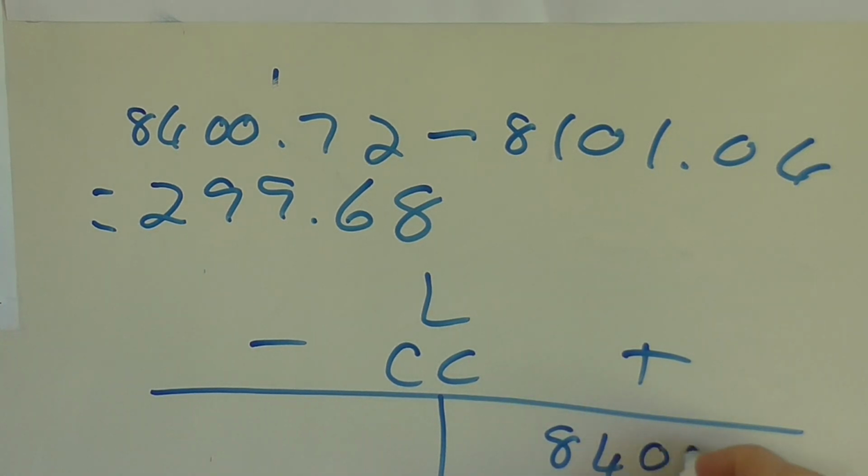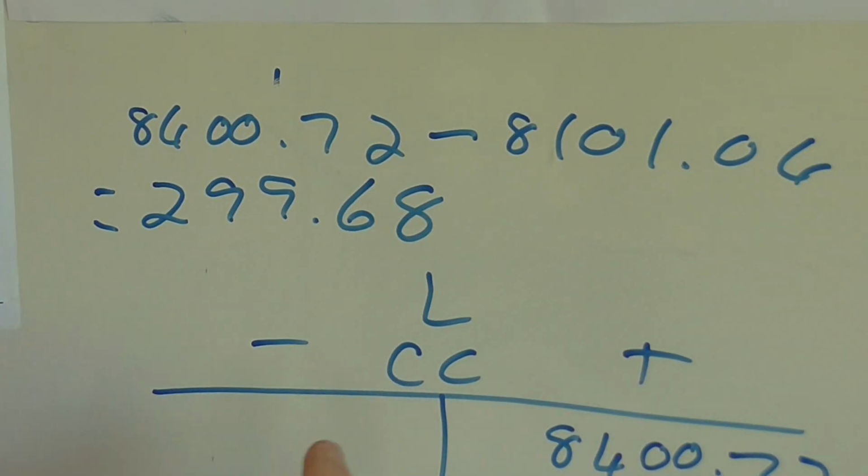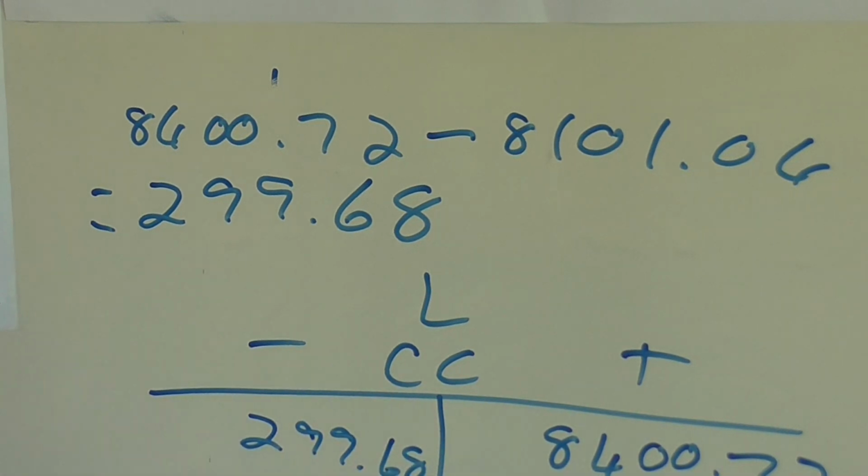So let's just do this. So it's 8400.72. Now because we need to decrease it, it will go onto the debit side of 299.68. Yeah, 299.68 on the debit side. Okay. But remember, because the mistake was only made in the creditor's ledger, we only have to fix it in the creditor's ledger.